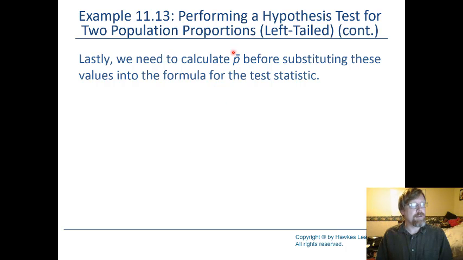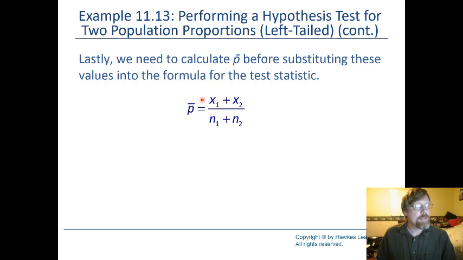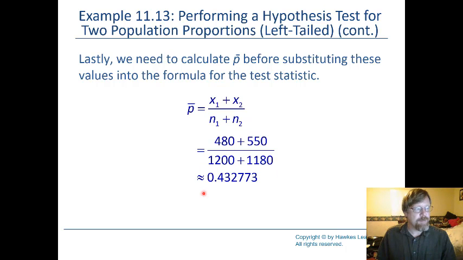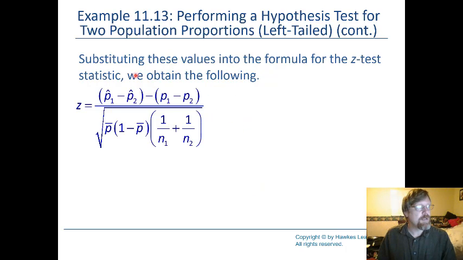We're going to need p-bar, that weighted summed proportion estimate. So we've got x1 plus x2, that's going to be 480 plus 550, over the sample sizes for each, 1200 and 1180. That's approximately 0.4327. Okay, so we can put all these into our formula.